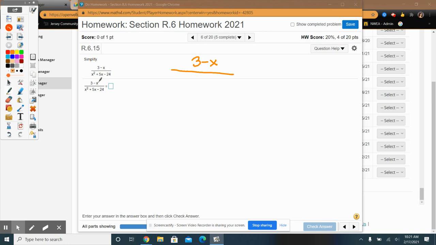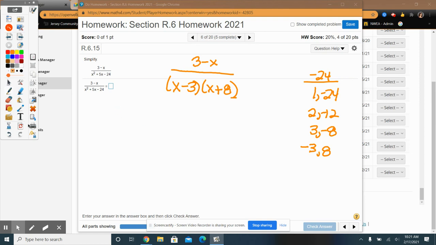But when you make the factors for the bottom, you make your list for negative 24: 1 and negative 24, 2 and negative 12. It's not going to be 3 and negative 8 because that gives me negative 5. It's going to be negative 3 and positive 8. So I'm using x's. I want to make sure I don't mess that up again. An x minus 3 and an x plus 8.